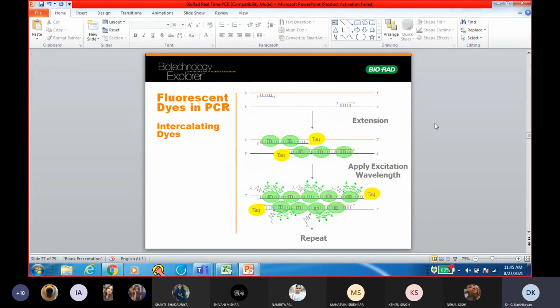So at the end of the cycle, you can quantify this simply by exciting with laser pulses, and the SYBR Green dye will absorb that radiation and emit at a longer wavelength, which can be detected by the probes in this machine.